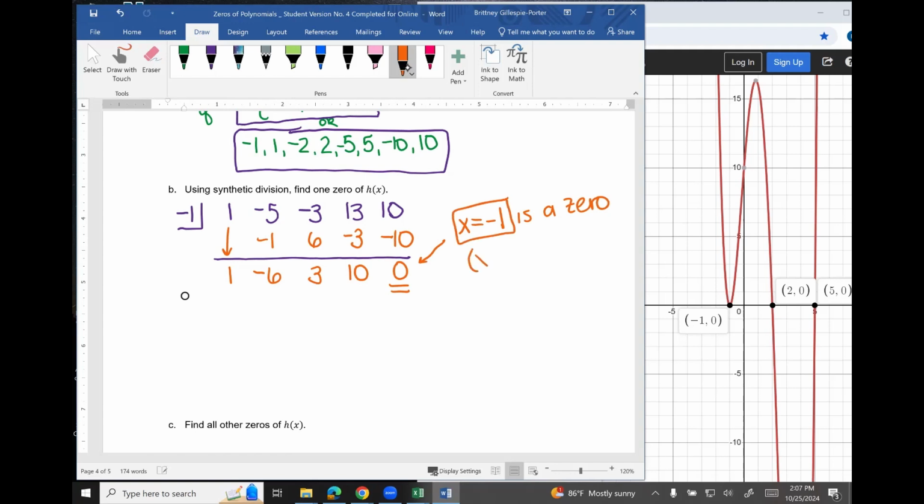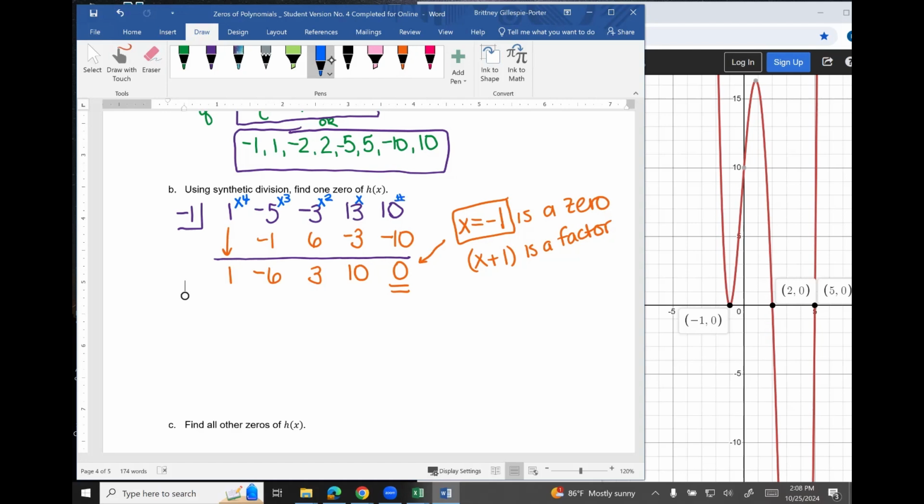And we also know that x plus 1 is a factor. Okay? We need to find all other zeros after this, but doing that, we are going to use our remainder polynomial. Remember that we started out with x to the 4th, x cubed, x squared, x, and then the constant term, the number.